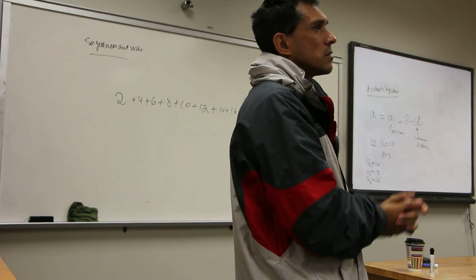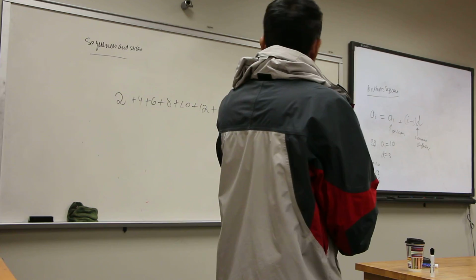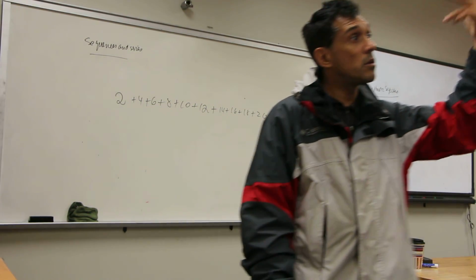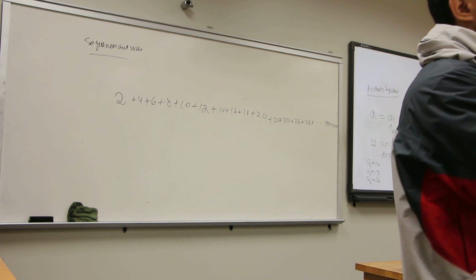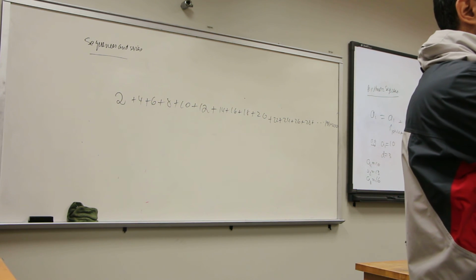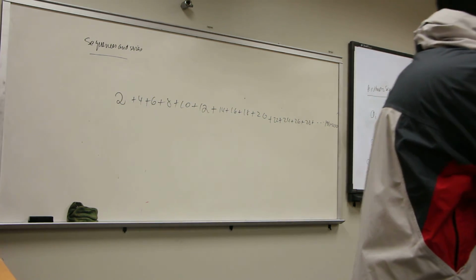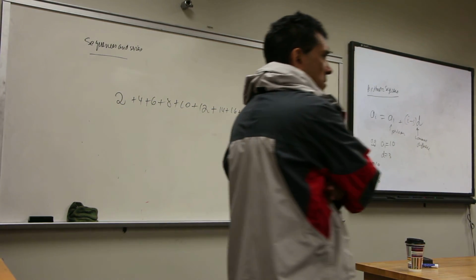198 out of 200. That's to say the sum of the first 100 non-zero even integers. Now, this is an arithmetic sequence. The first term is 2, and the common difference is 2. What is the sum?